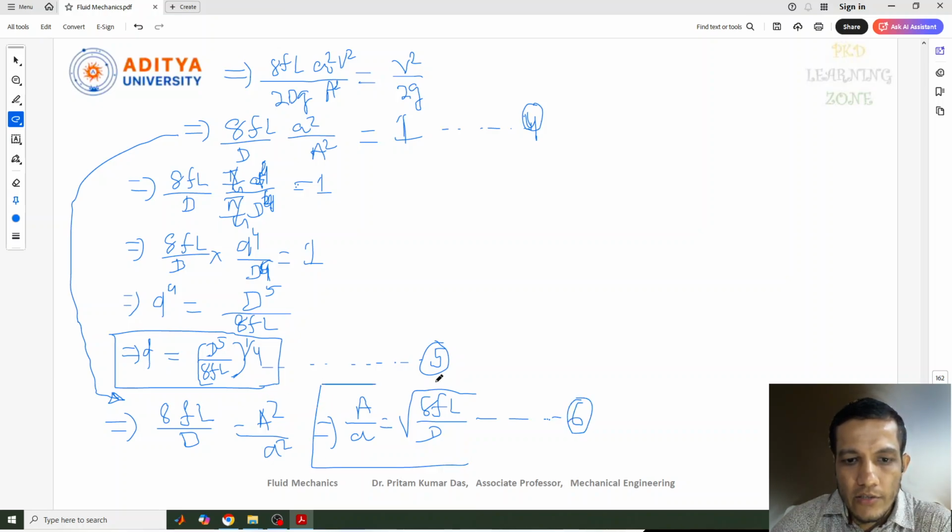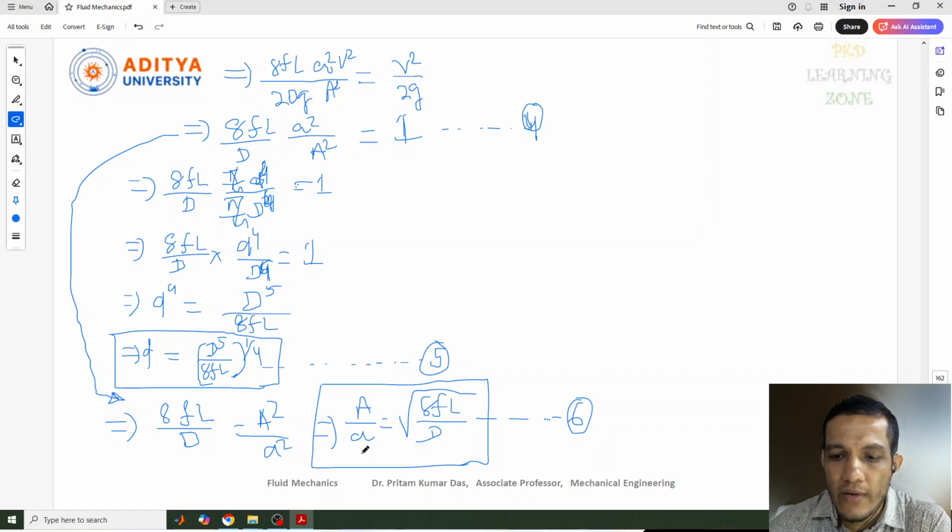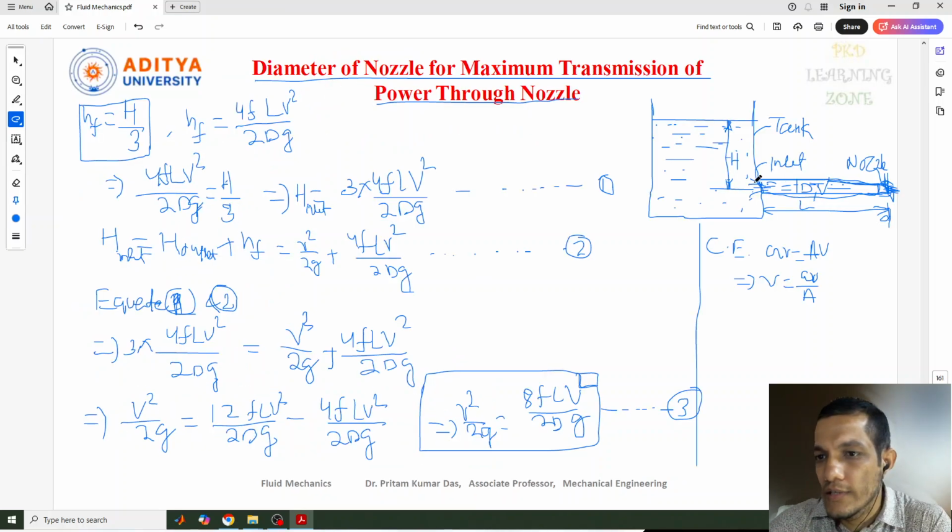Okay, this is also one part. Here, if you see this equation, it gives the ratio of areas. Which areas? The area of the pipe, through which the fluid is flowing, to the area of the nozzle. Now this is the area of the pipe and this is the area of the nozzle part here.